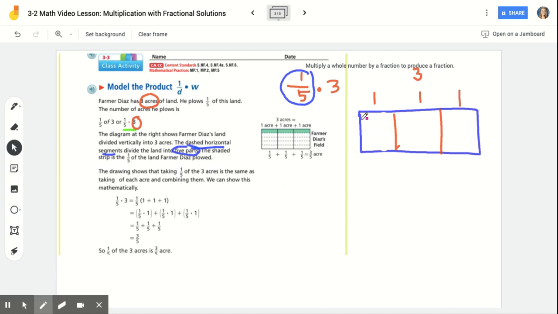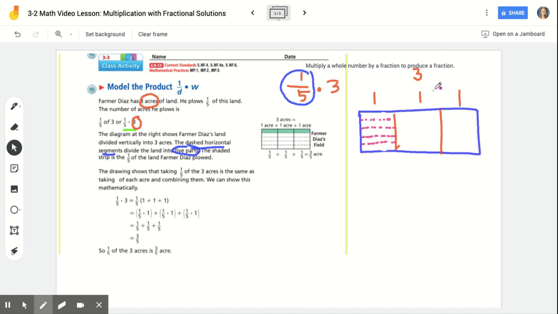I'm going to take this first whole, and split it up into 1, 2, 3, 4, 5 parts. So 4 dashed lines or 4 dashed segments to represent 1/5, 1/5, 1/5, 1/5, 1/5. So 5 fifths to equal 1 whole.